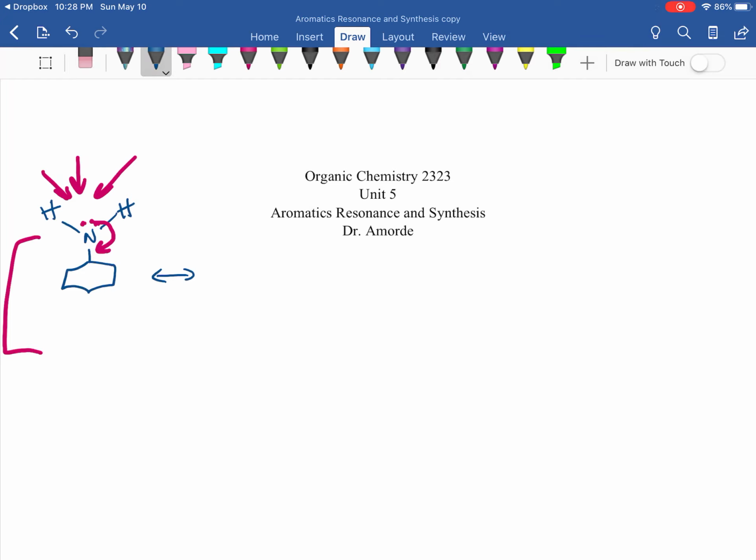So let's draw what that does to your benzene. And I actually want to draw these just a little bit easier to see. There we go. All right, so what happens when the lone pair from your aniline donates into your ring? Well, you can't have 5 bonds to carbon, so something's got to give.